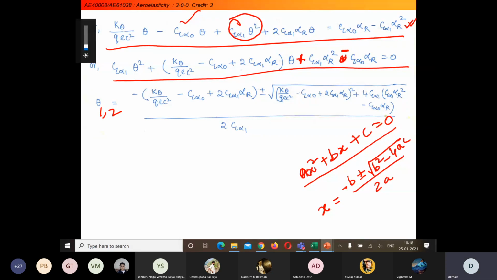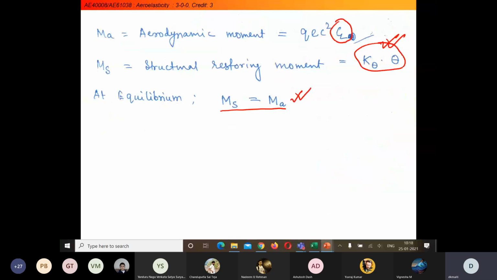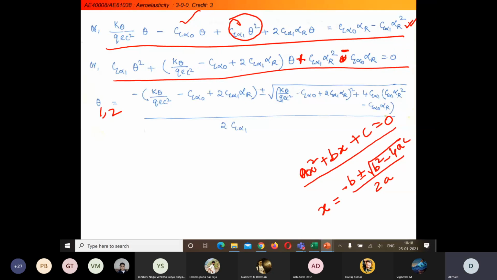Theta 1. So whatever I have considered here, theta 1 and theta 2, this is minus b. B in this case is k theta by q e c square minus cl alpha naught plus 2 cl alpha 1 into alpha r. This is nothing but the b with respect to this form.